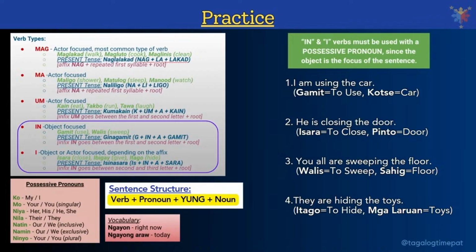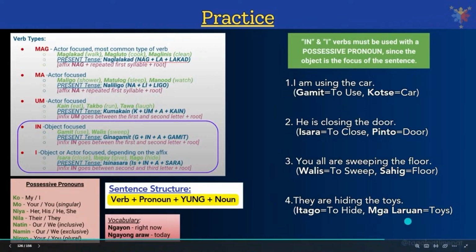Number 4, they are hiding the toys. Itago means to hide. Mga laruan means toys. So this is interesting. If you want to make a noun plural, you have to add the word mga in front of it. It's not like in English where you just add an S at the end. To make a noun plural, you have to add this word mga.